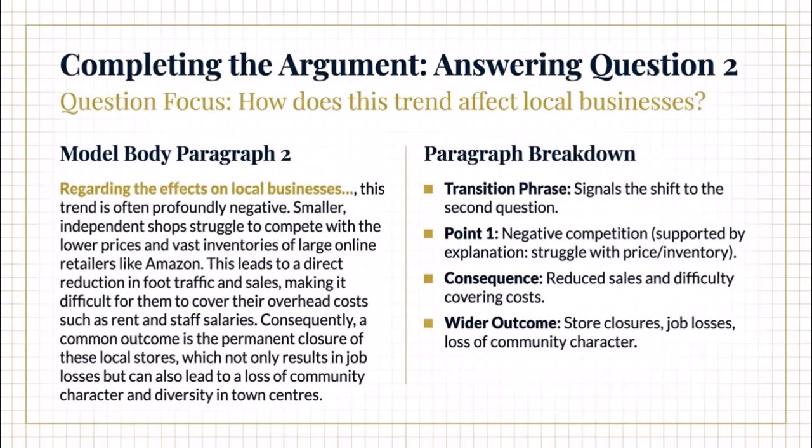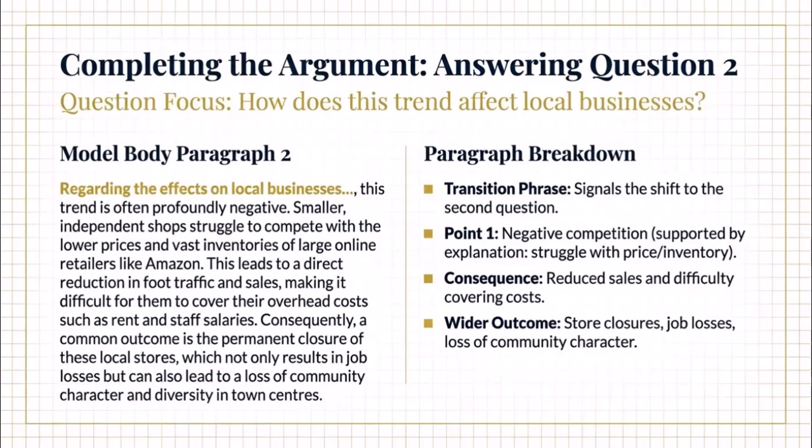The second paragraph begins with a perfect transition phrase. Regarding the effects on local businesses, this signals to the examiner that we are now moving to answer the second question. It focuses completely on answering question 2, effects. It explains how online shopping negatively affects local businesses. It talks about smaller shops struggling to compete with online giants like Amazon on price and selection.